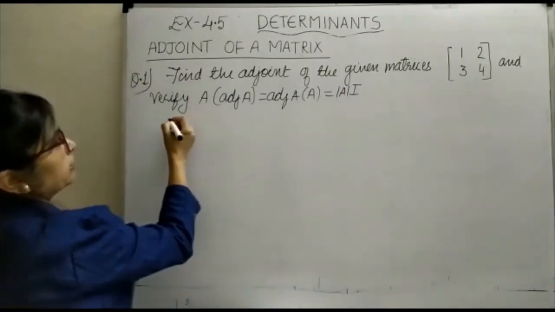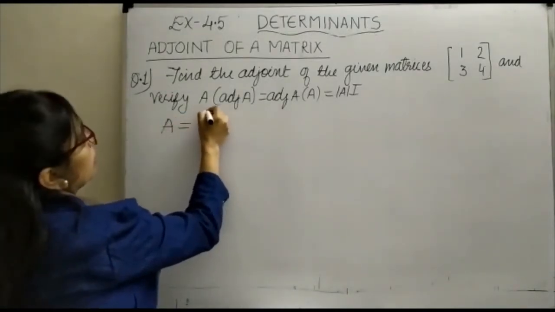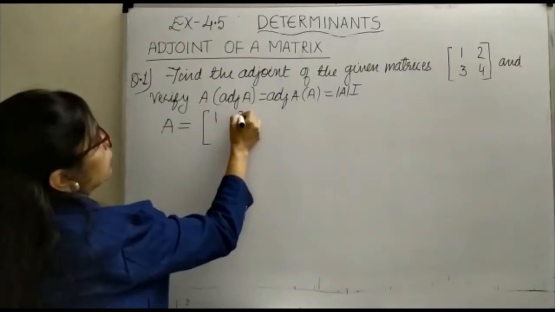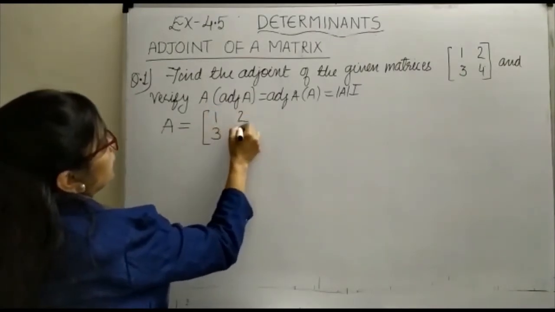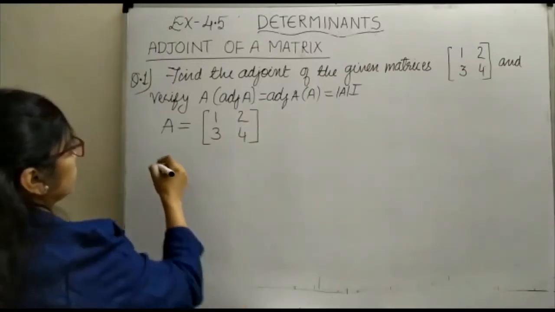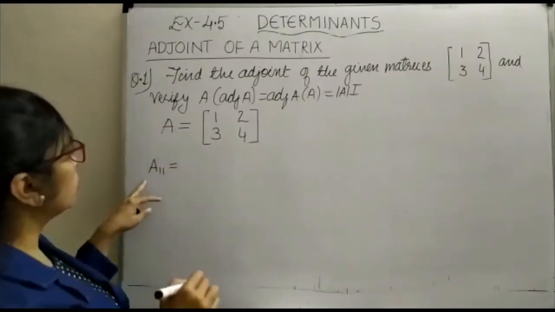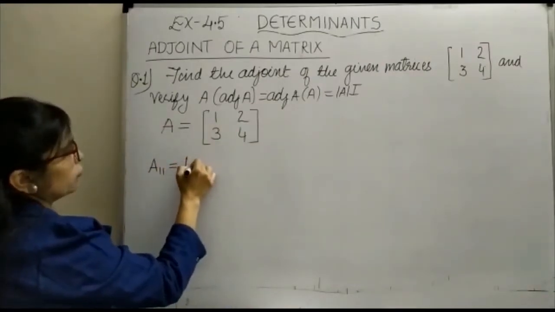Now just see our matrix A. Your matrix A is 1, 2, 3, 4. Now let us find out the cofactor, that is A11, right? What will be A11? That is 4.